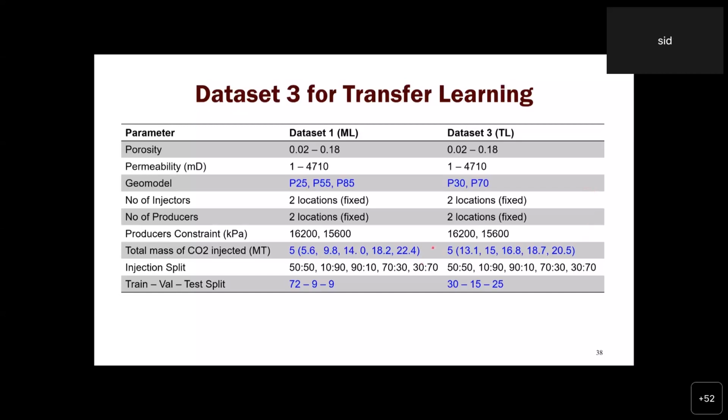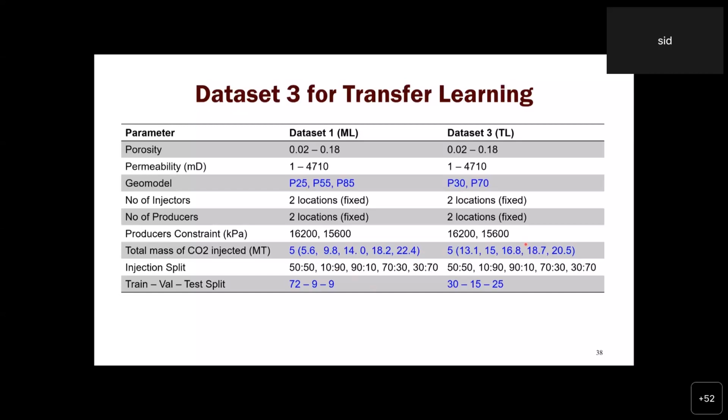We have tried transfer learning where the base model has fixed locations and the target domain has variable locations. We have tried that, and we have also tried predicting outside the range. But again, due to the limited amount of time that I had, I was not able to bring in all that information.